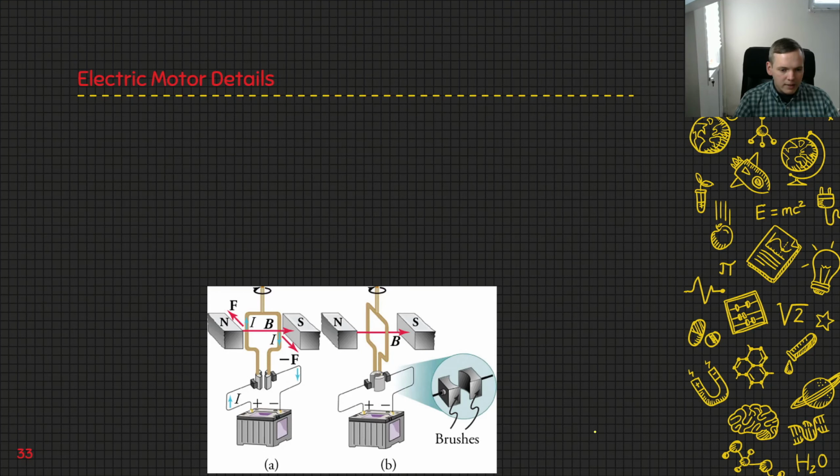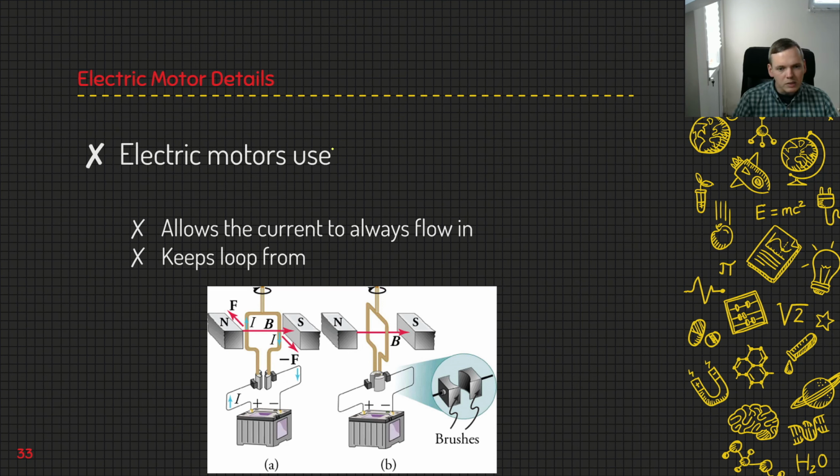Now, there is a little bit of fanciness here: we actually use something called brushes. If you look down here, you'll notice that we've got these two brushes, which aren't actually attached to the coil, but the wire will come and just rub against them.